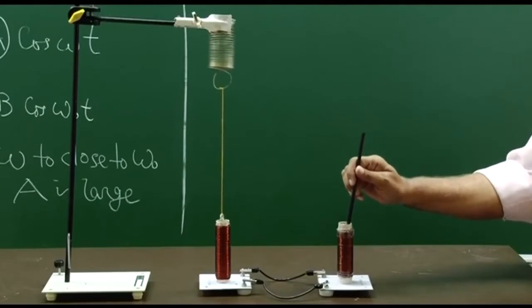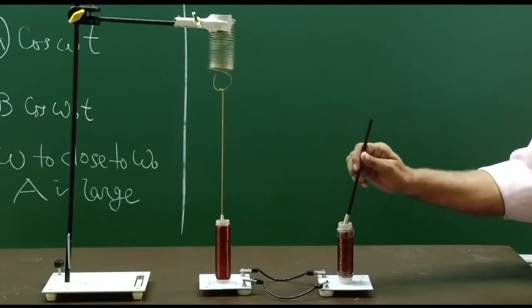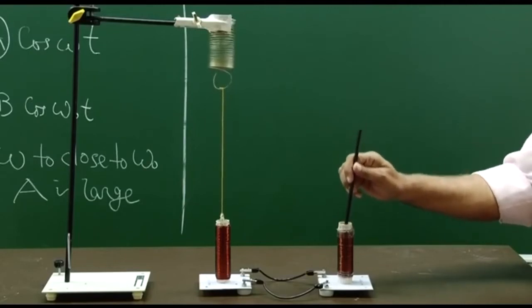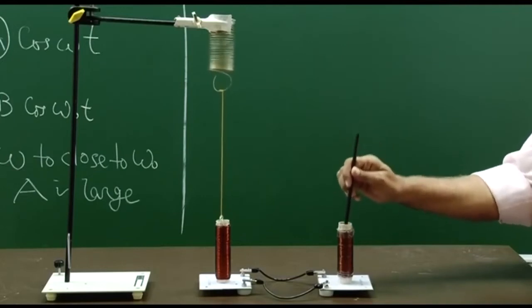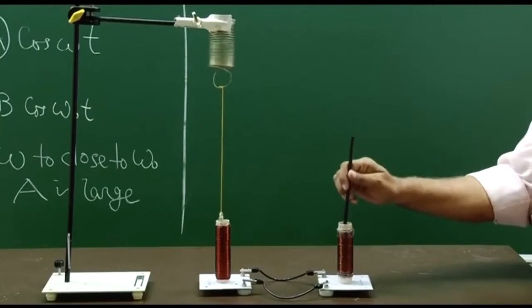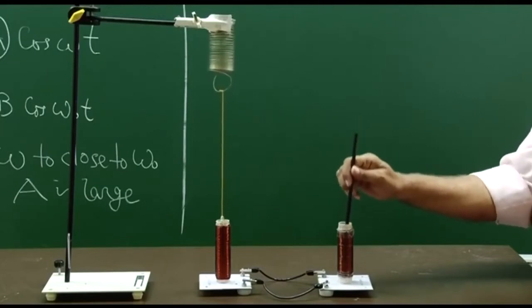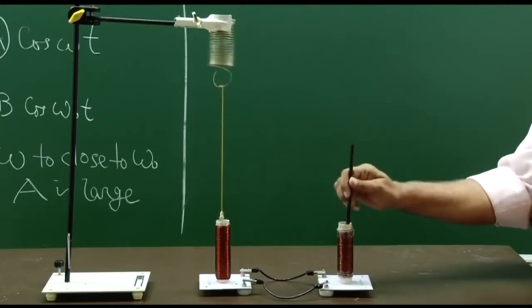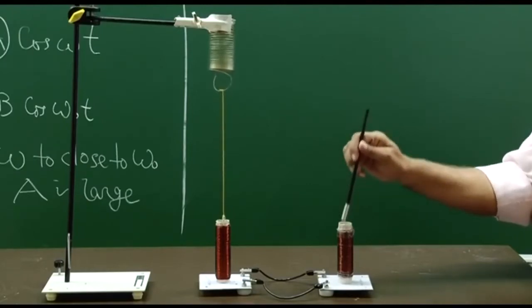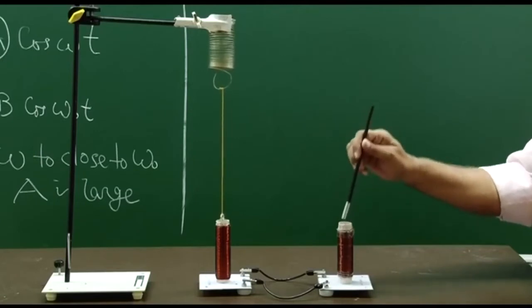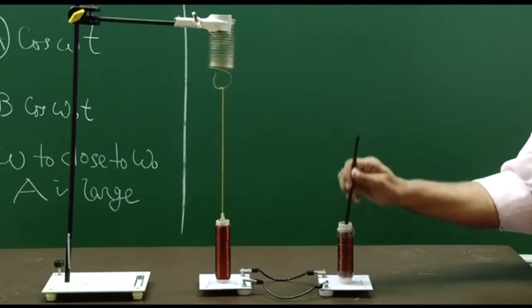Now I am going with an intermediate frequency, and you see the amplitude of the oscillation. The magnet is now oscillating with a much larger amplitude, whereas if I decrease the frequency, the amplitude goes down. If I increase the frequency too much, the amplitude goes down.